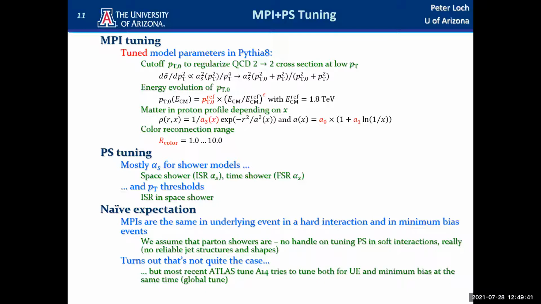So we need to model those. We just use the tuning we have from the hard scattered interactions. We have no jet structures in minimum bias that are reliable or statistically significant to tune to.